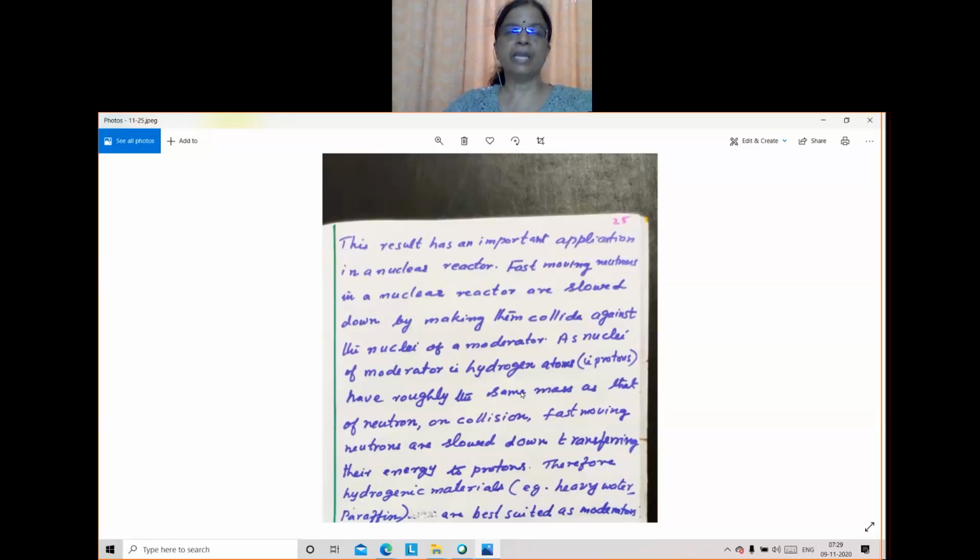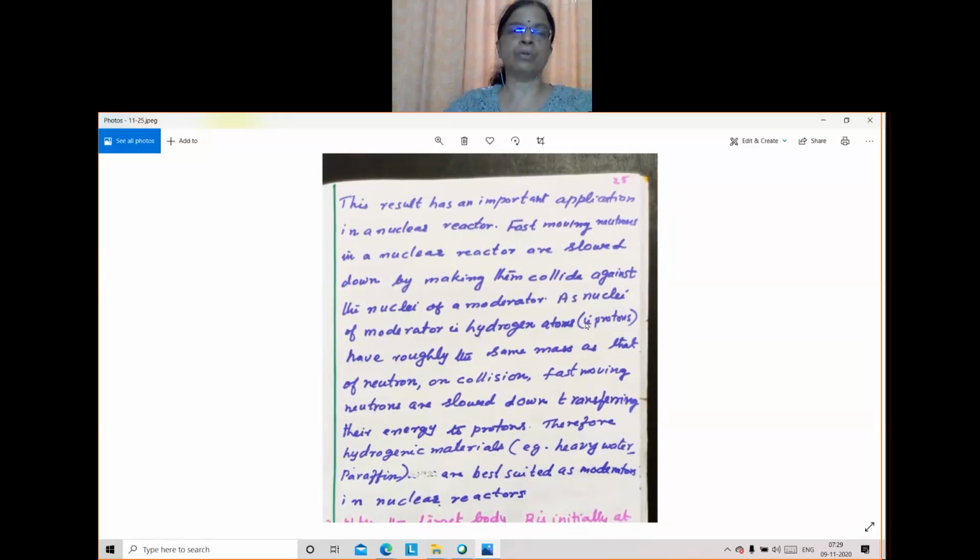Moderator means heavy hydrogen, hydrogenic atoms like protons. So what is happening in a reactor? What is the fuel used in a reactor? Uranium-235, mass number 235. When that uranium is bombarded with a slow-moving neutron, then only the fission reaction takes place. And see, slow-moving neutrons are needed.